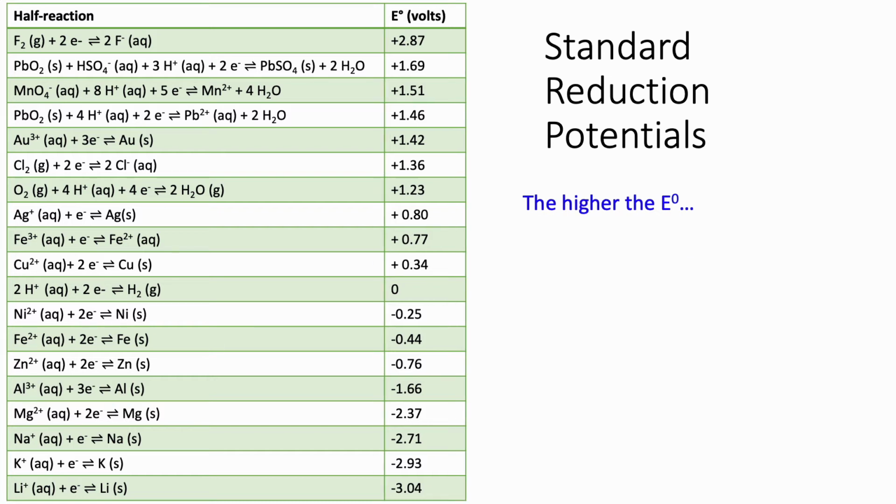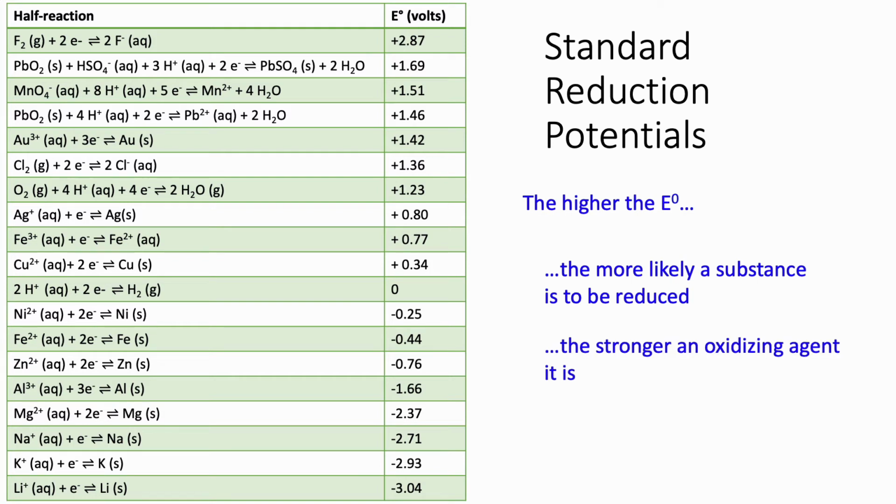By contrast, if you have a really high value for E naught, you're much more likely to get a substance that wants to be reduced, and therefore that substance will be a strong oxidizing agent. In other words, it will like to grab electrons off of other things.